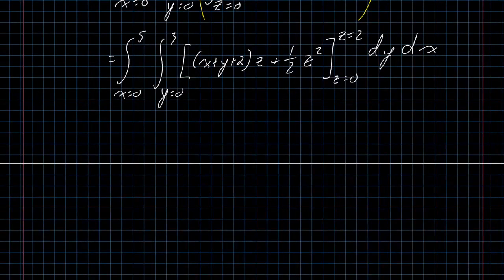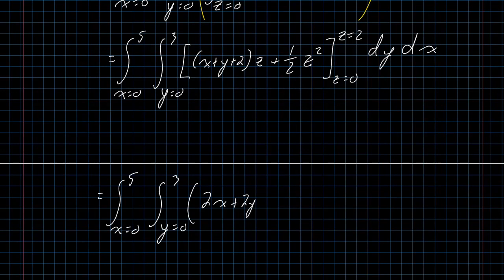All right, plugging in z equals 2 gives us something of interest. Plugging in z equals 0 gives us 0. That's kind of convenient. So we'll have 2x plus 2y plus 2 times 2, which is 4.